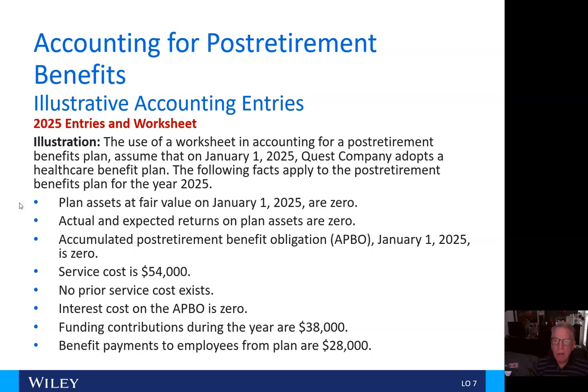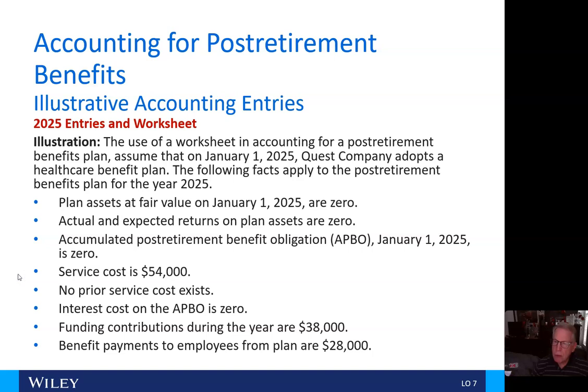Plan assets at fair value on January 1, 2025 are 0. 2. Actual and expected returns on plan assets are 0. 3. Accumulated post-retirement benefit obligation, APBO, January 1, 2025 is 0.